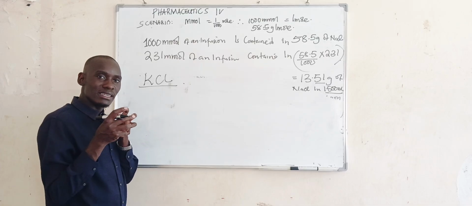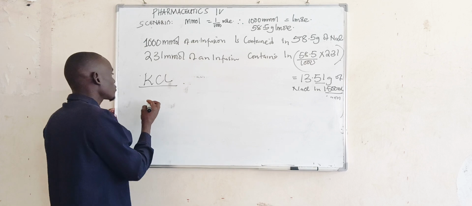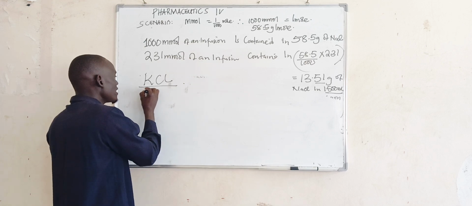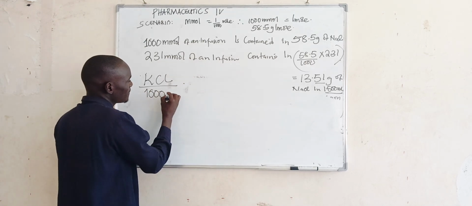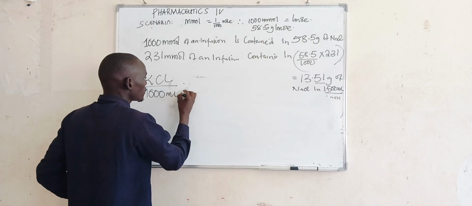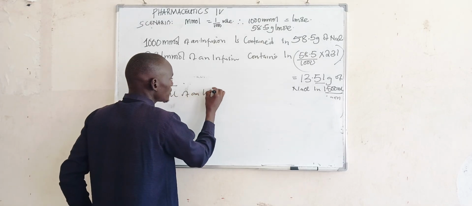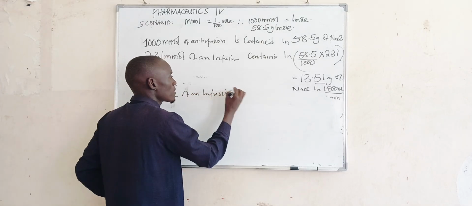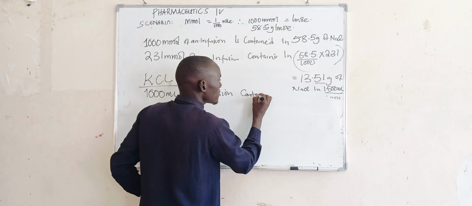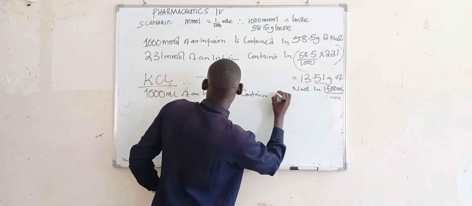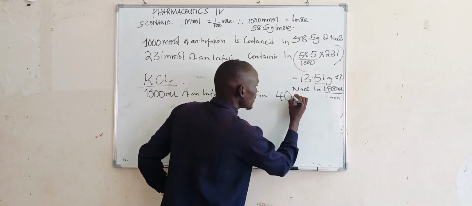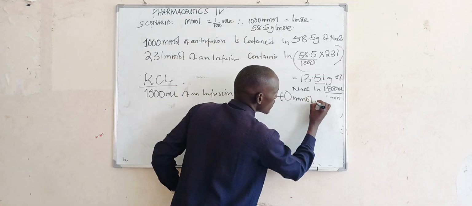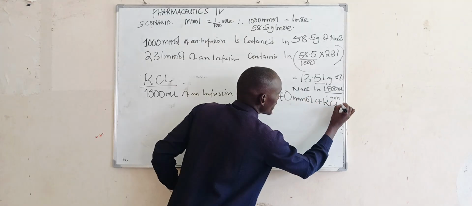So we shall say that 1,000 mils of an infusion contain 40 millimoles of potassium chloride.